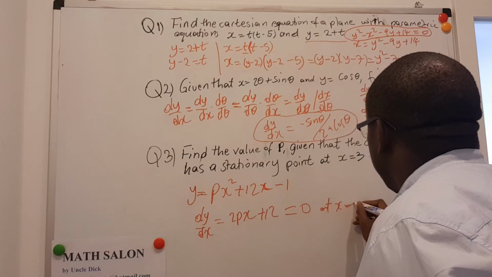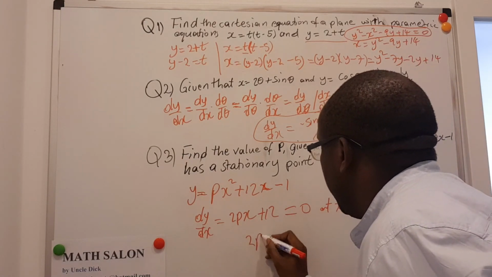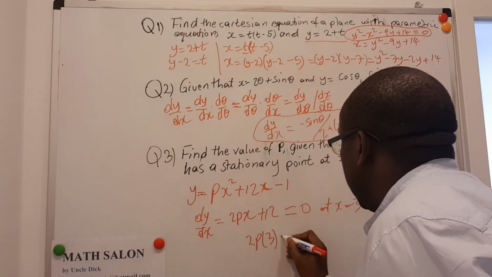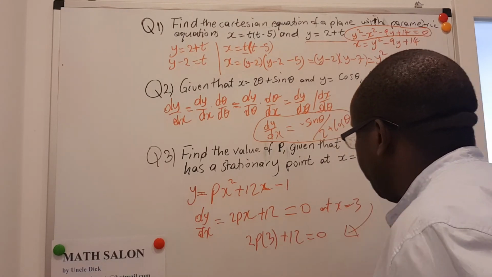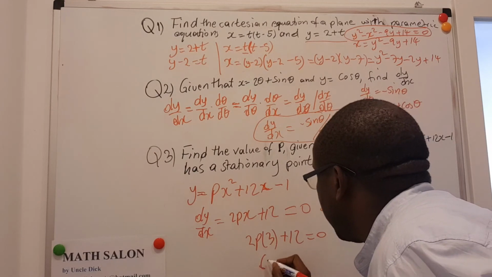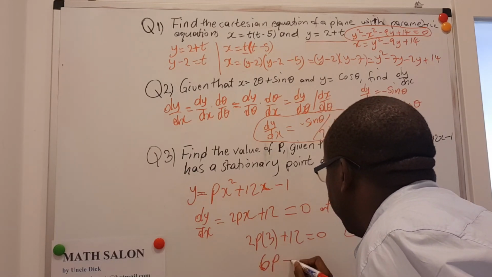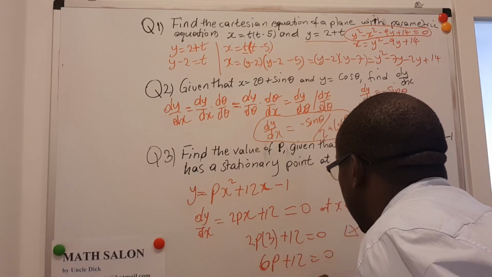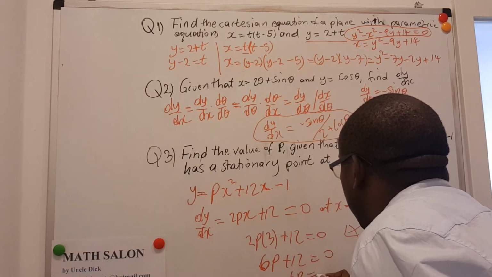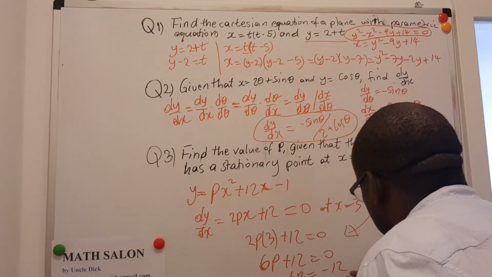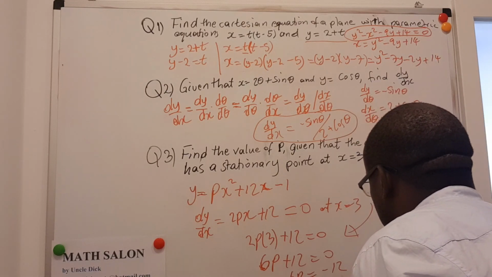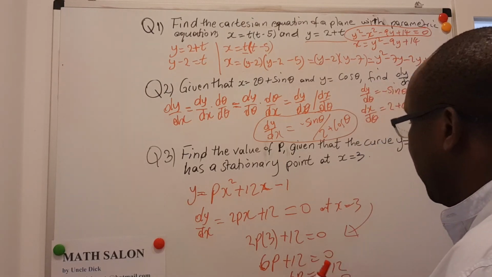At x equal to 3, therefore that means 2p times 3 plus 12 is equal to 0. 3 times 2 is 6, so 6p plus 12 is equal to 0. That means 6p is equal to minus 12, and p is equal to minus 2. That means minus 12 divided by 6.